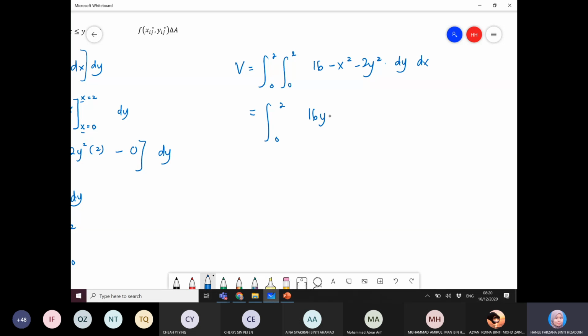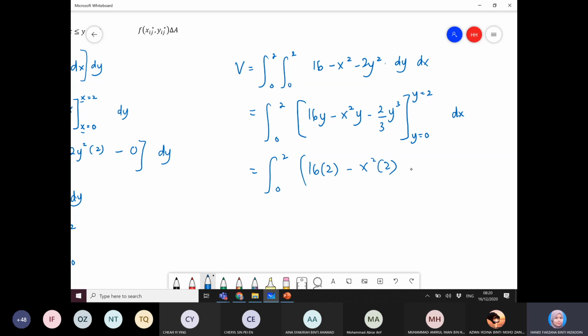So 16y. x squared here is considered a constant, so just x squared y, then 2 over 3 y cubed. Now evaluate from y equals 0 to y equals 2, then dx, then continue, 16 times 2 minus x squared times 2.